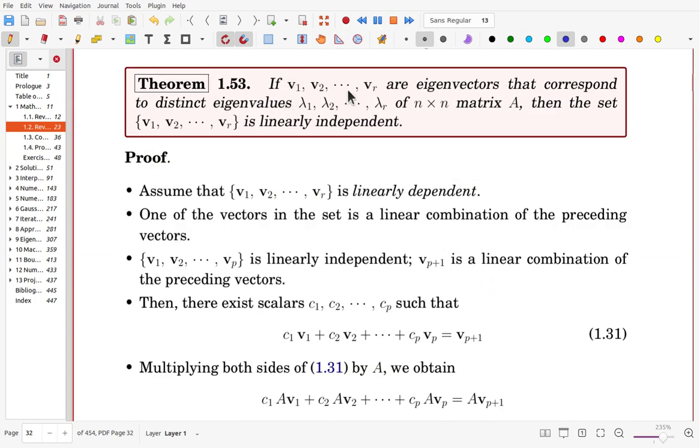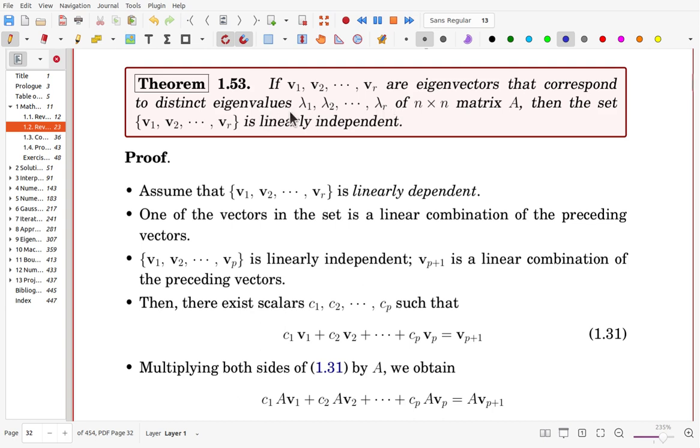Here we have r vectors, v1 to vr, that are eigenvectors corresponding to distinct eigenvalues, lambda 1 to lambda r, of a square matrix A, so v1 is the eigenvector of lambda 1, v2 is the eigenvector of lambda 2, and so on.